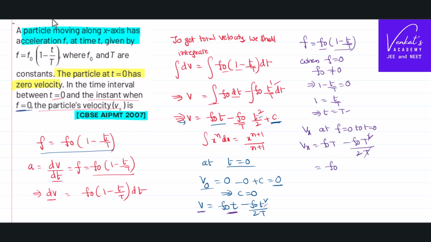So what is remaining is f0 T minus f0 T by 2. If we subtract the same terms, we get f0 T by 2. I forgot to take the options on the screenshot, but I found that this answer is there. So the answer for the problem is vx equals f0 T by 2.